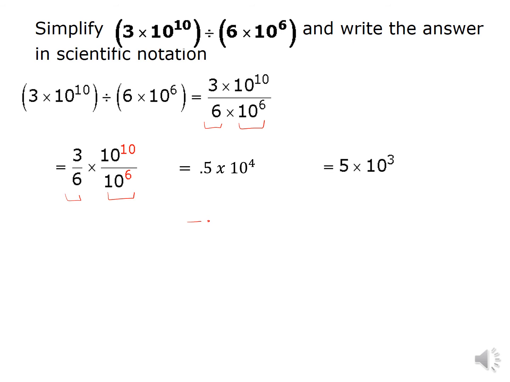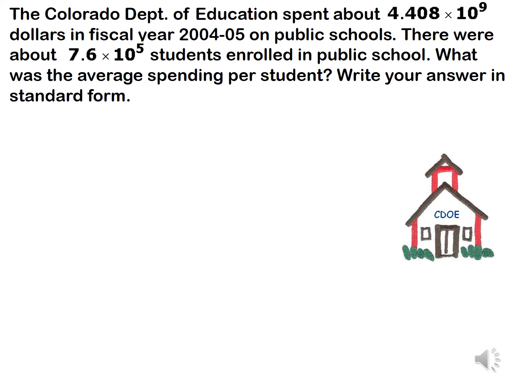Okay, so here is an applied example. The Colorado Department of Education back in 2004 and 2005 spent about this much money on public schools. This is how many students there were, and they want to know what is the average spending per student. And they want it in standard form.